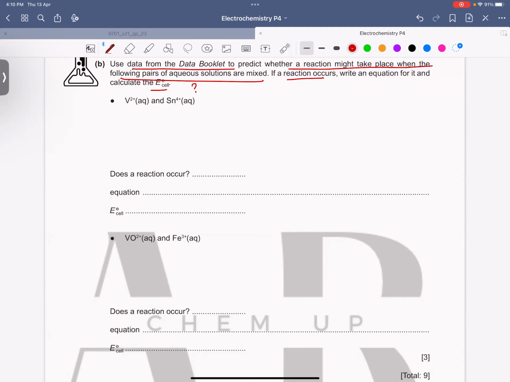The next part. Yes, how many of you have completed these two?